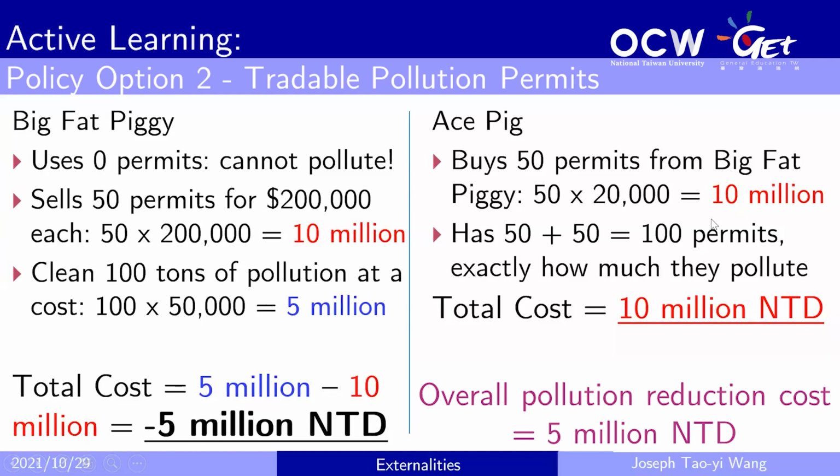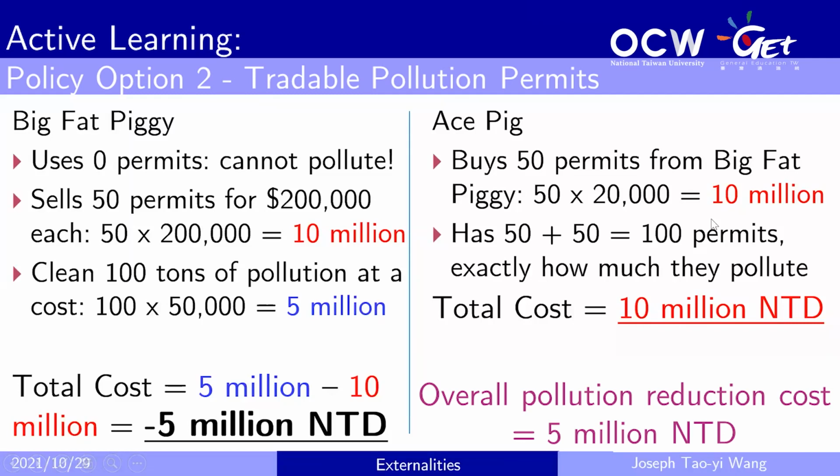If we knew, we could just directly require the low-cost firm to reduce more, although it's not fair. But then the low-cost firm will say, hey, wait a minute, why me? That's not fair. And the firms will not be willing to tell you the true cost of pollution prevention, because if they tell you they have a lower cost, then the government will ask them to reduce even more.